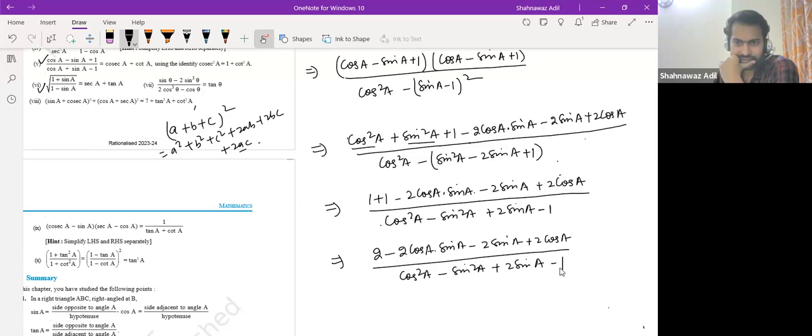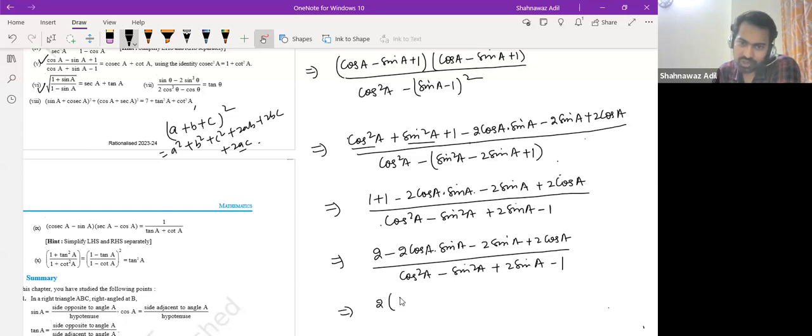Take 2 common. Yeah, take this. Thank you. Okay, so yeah, this is one answer. We can take 2 common. And other than that, okay, so let us take 2 common.